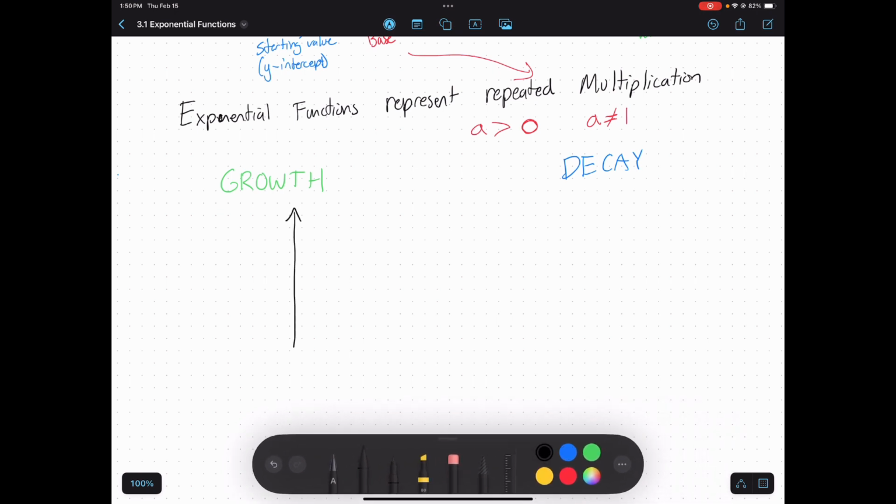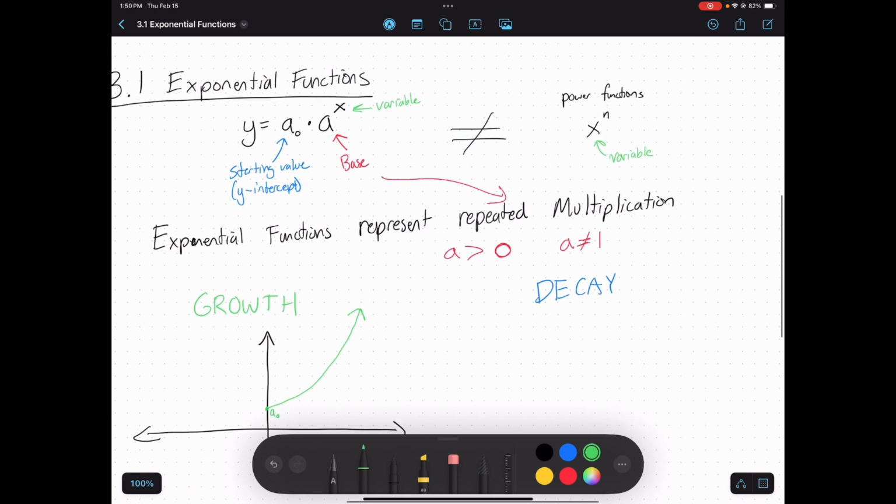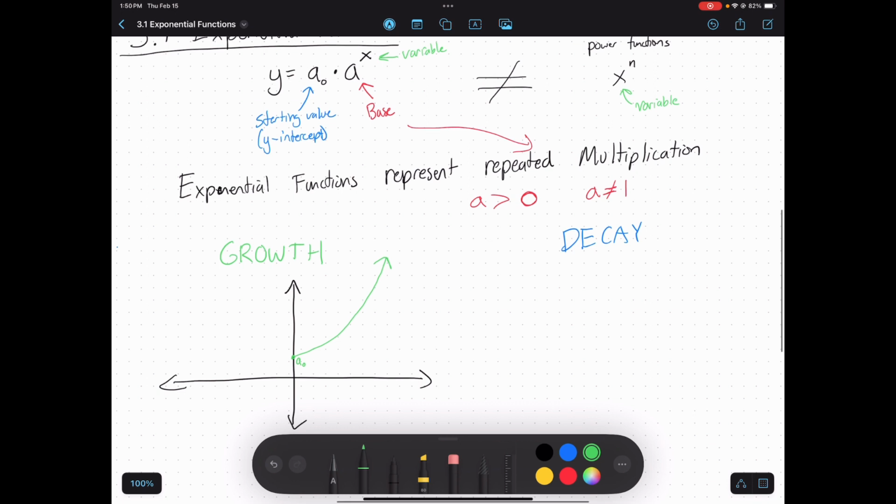If I were to graph a growth function, we would see it start at your starting value, a naught, and slowly curve up from there. How fast you curve depends on what you're multiplying by each time. It depends on what a is. Okay?